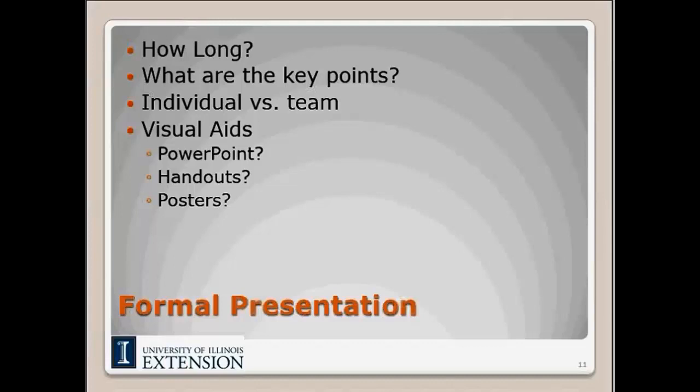So you'll want to look at how long that presentation needs to be, and what the key points are that we're going to highlight after that data has been analyzed. There'll also be portions done individually, and any of the 4-Hers that are involved are going to be invited to participate in that presentation. Once we know how many want to, we'll figure out how that's going to look.